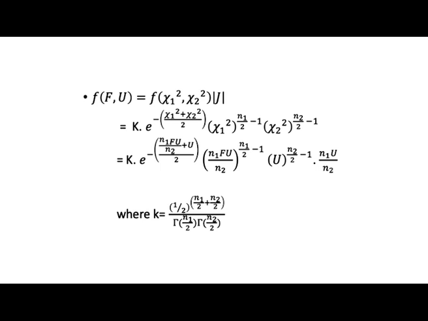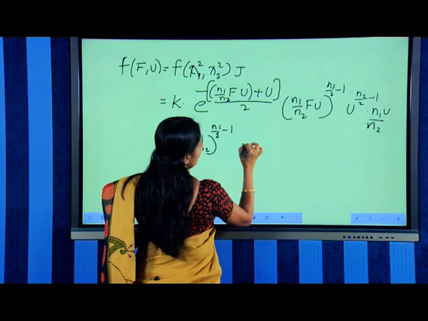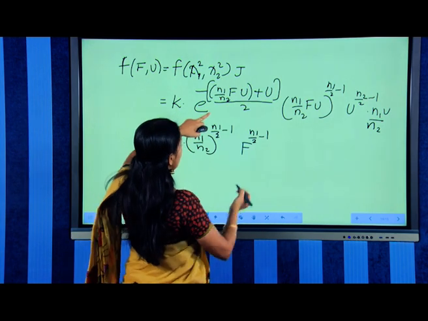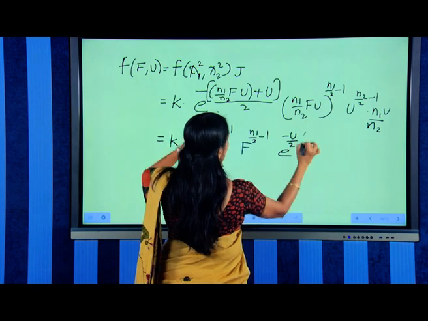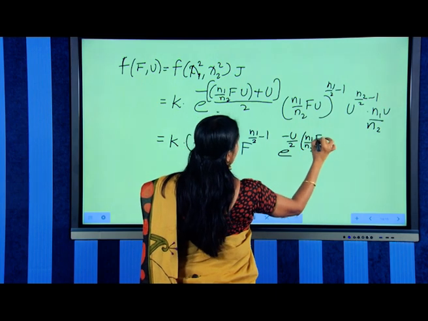Jacobian of transformation is n1 u by n2, that is equal to k into n1 by n2 raised to n1 by 2 minus 1 f raised to n1 by 2 minus 1, then this term is e raised to minus u by 2 into n1 by n2 f plus 1.